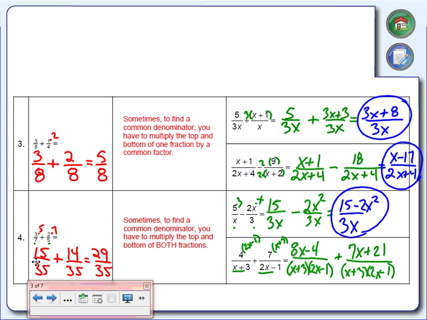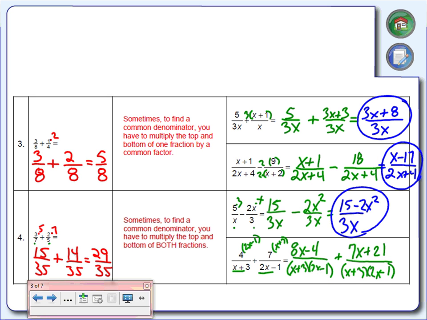Let's go ahead and add up the numerators. We got 8x plus 7x. 8x plus 7x is a 15x. A negative 4 plus 21. What's a negative 4 plus 21? 17. Positive or negative 17? Oh, we're adding. I saw that subtraction.